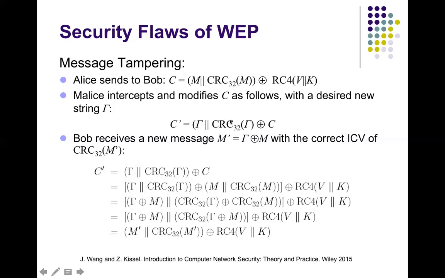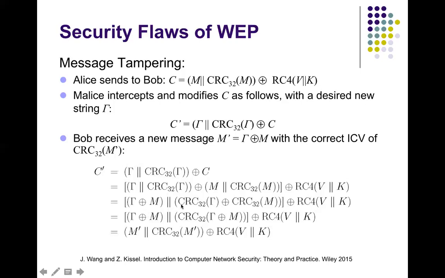We put this in here: gamma concatenated with CRC32 of gamma, exclusive OR C. C is equal to this, so you put that over here, and what you get is this by copying this down.